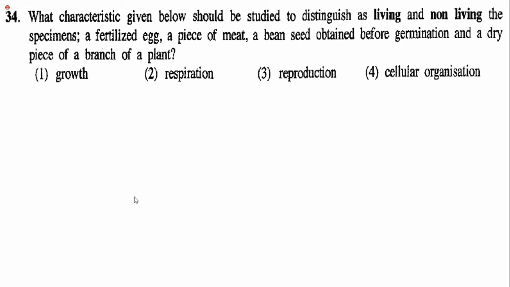One, a fertilized egg. Two, a piece of meat. Three, a bean seed obtained before germination. And four, a dry piece of branch of a plant.